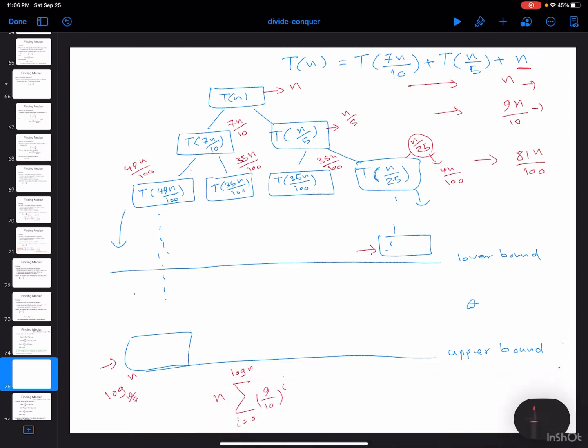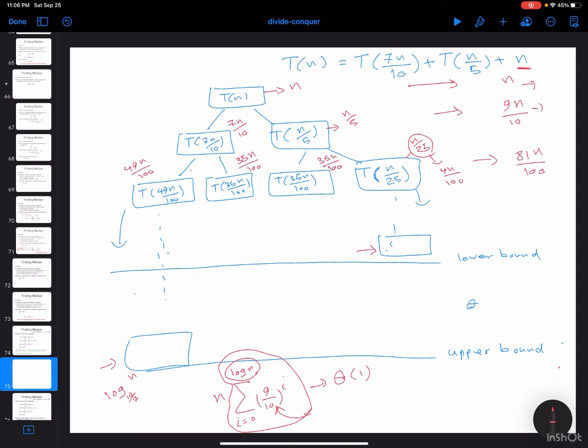Okay, so you can see that it doesn't matter what the value of that log of n is. This ratio is smaller than 1, from the formula that we discussed in the master theorem. This summation is going to be constant.